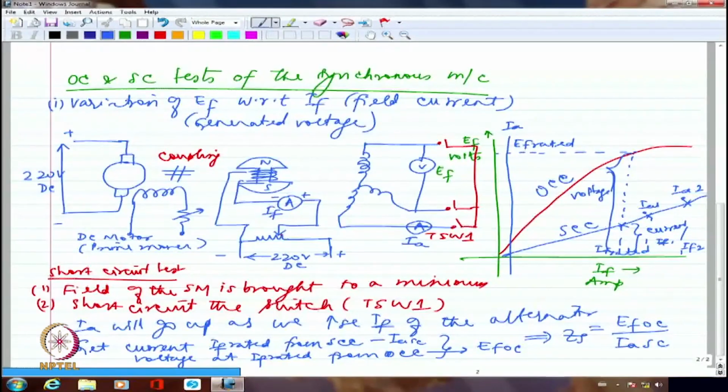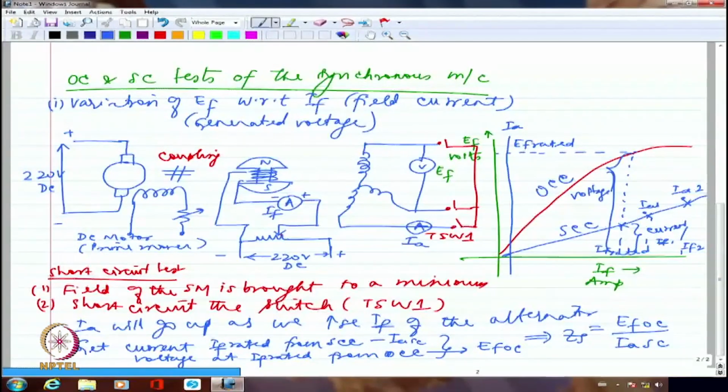If by chance I apply the same 1 ampere of field current to my alternator when it is running at 1500 RPM and I have short circuited the terminals, the current that is flowing will correspond to whatever would have been the short circuit current under rated voltage condition. So the current is limited only because of the internal impedance of the armature.